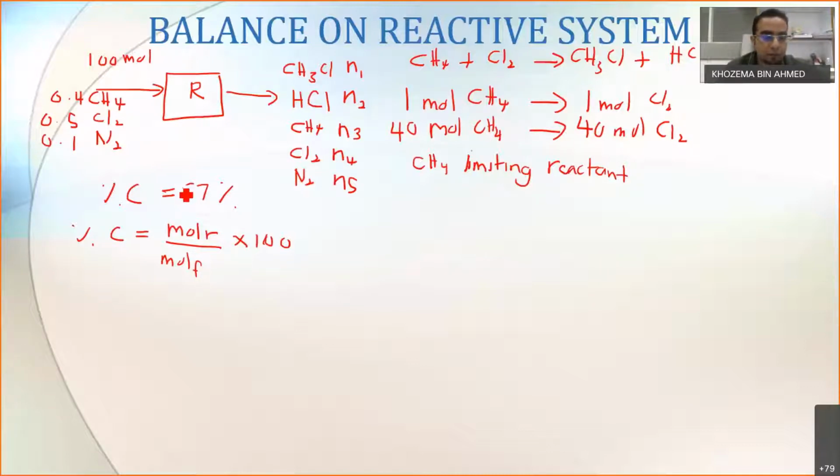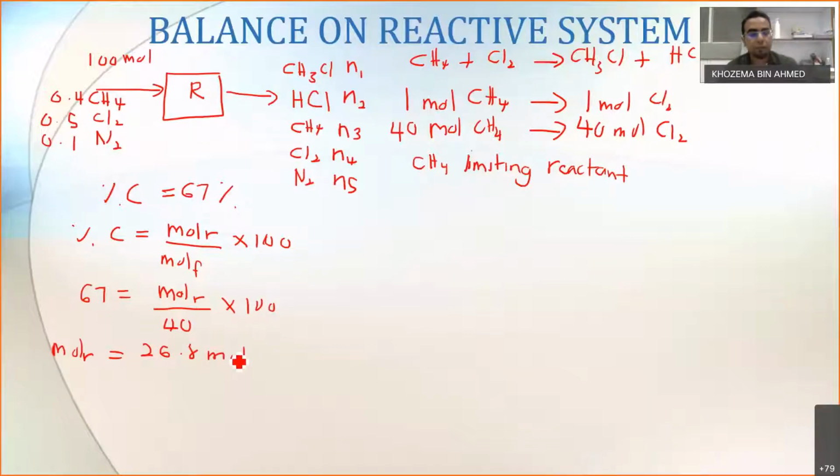So 67 is equal to mole reacted, which I don't know and is the value that I want to find, over mole fed, which is 40 mole, times 100. So I'll get mole reacted equal to 26.8 mole. This is the mole of methane that is reacted.